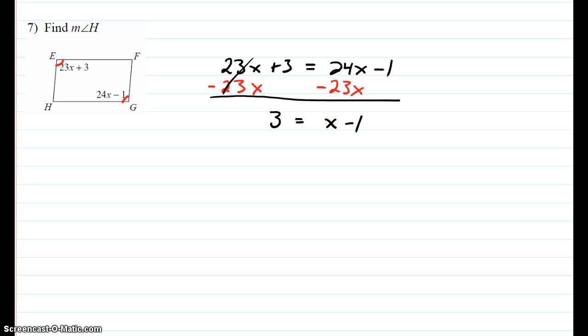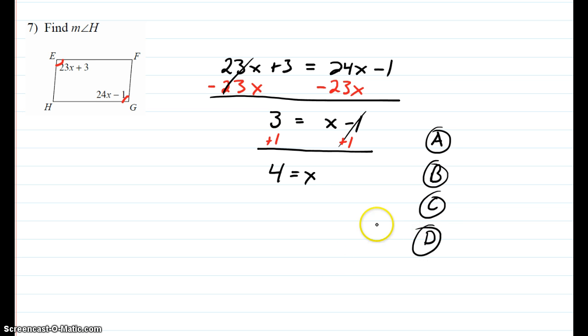Now I just need to solve this one. I want to move the 1 to the other side. This goes away, and so I get x equals 4. Now, as we get close to our final, a couple things to be aware of.